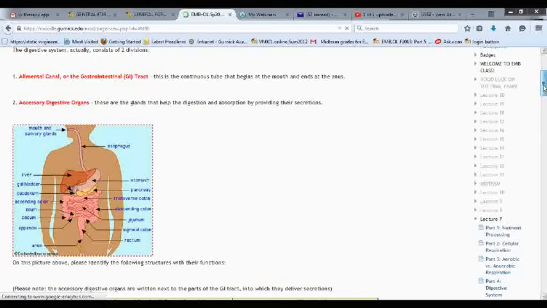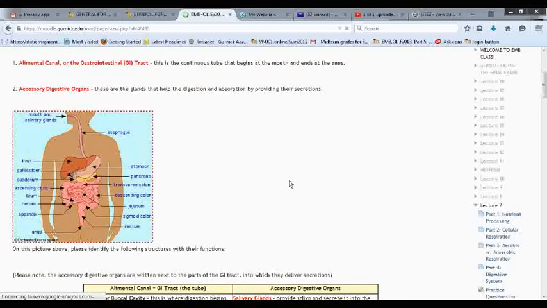Now, in addition to the alimentary canal, you have several organs that are not part of the tube, but they help the digestion because they produce secretions that you need to digest the nutrients. Okay, we call those accessory digestive organs. And you need to know 4 very important accessory digestive organs.